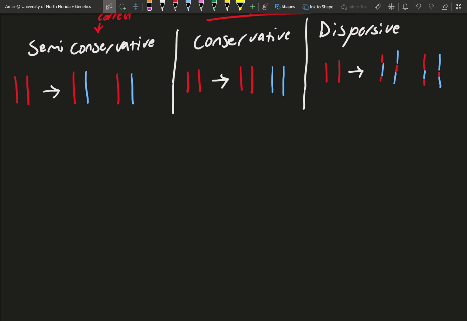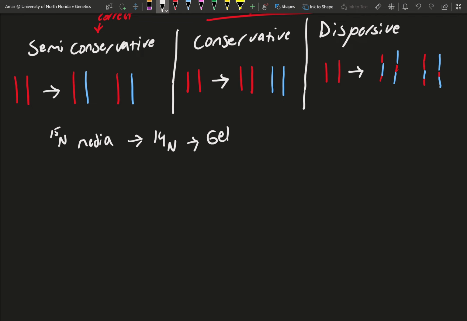If you're not aware, a typical practice problem for these questions is something like this, where you're given a prompt where you have a certain organism, you're growing it in N15 media, and you transfer that organism to an N14 media, and then you extract the DNA and put it on the gel.